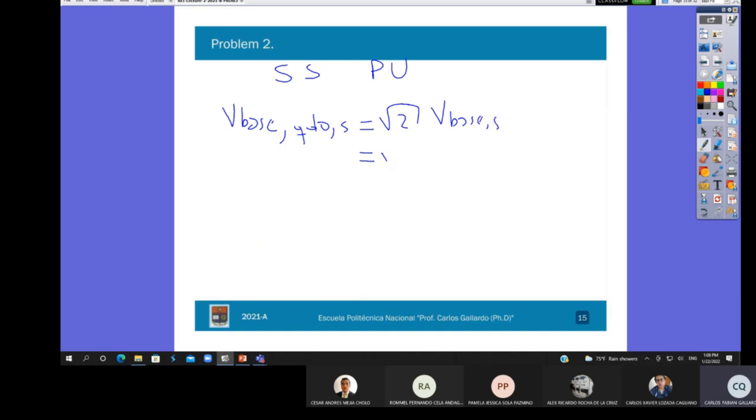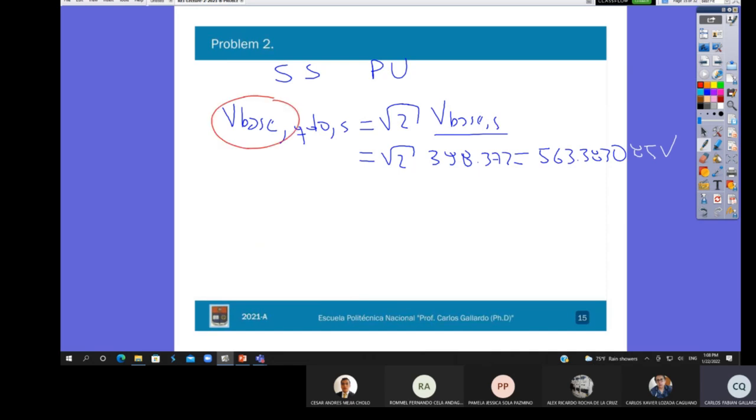So this is equal to the square root of 2, and this voltage, we have already computed this voltage, is 398.372. Therefore, the base is equal to 563.383085 volts. This is the base.